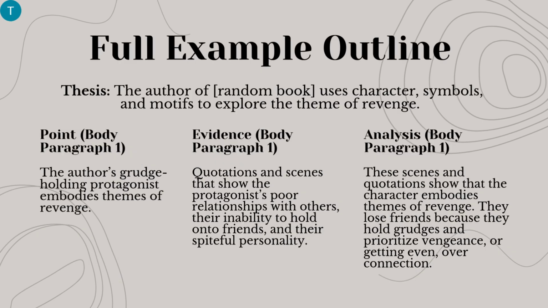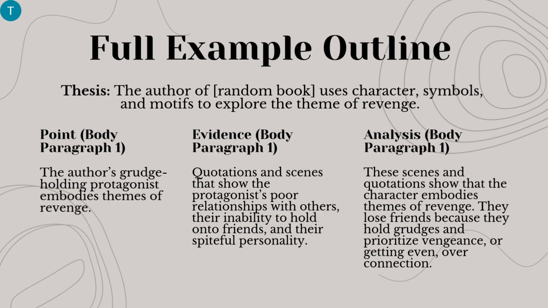So this is the full example thesis outline that we have been using so far. So the thesis is that an author of a random book, I didn't have one in mind really, uses character, symbols, and motifs to explore the theme of revenge. The point of the body paragraph 1 is that the author's grudge-holding protagonist embodies themes of revenge.